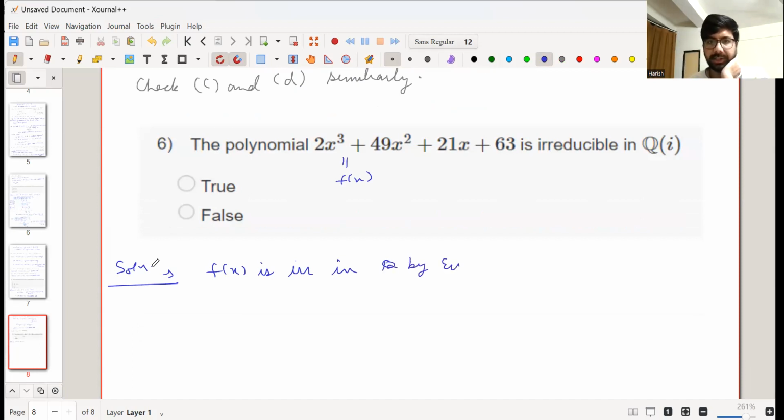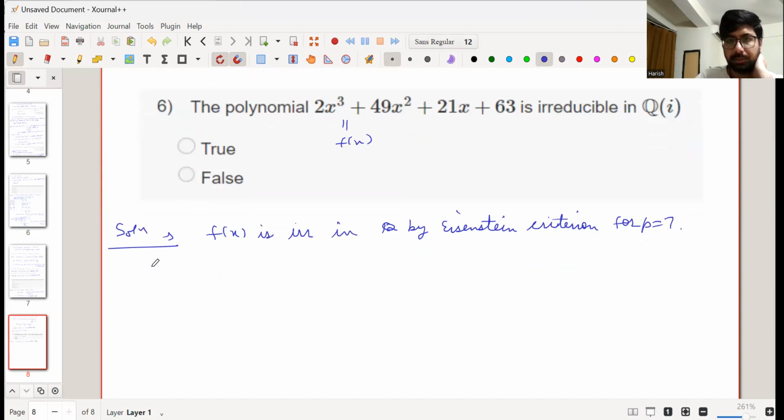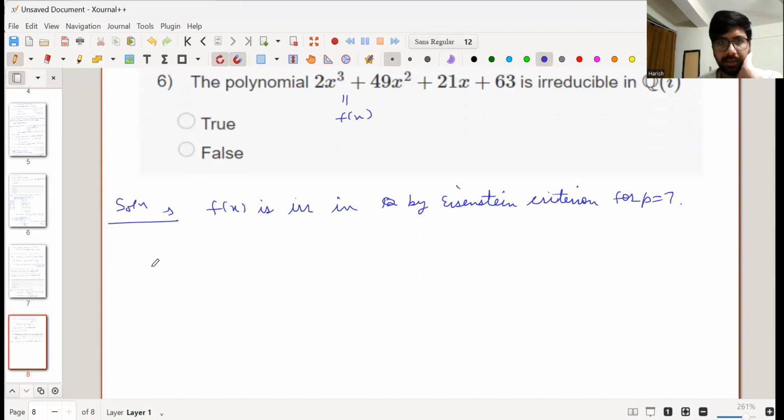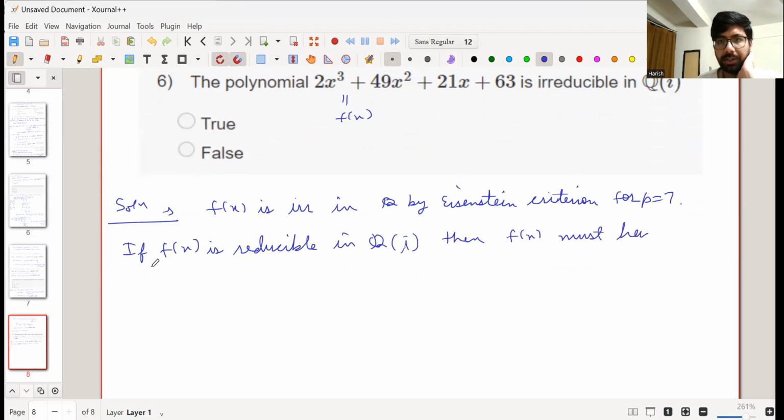By Eisenstein's criterion, for p equal to 7, you can see that. Now if f(x) is reducible in Q(i), then f(x) must have a root in Q(i), because it's a degree 3 polynomial.